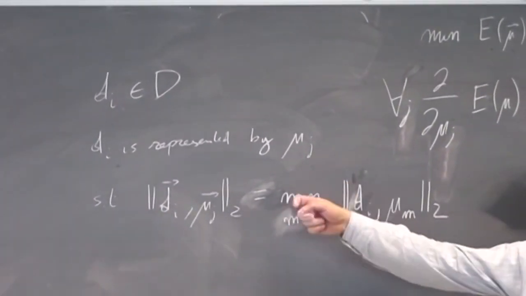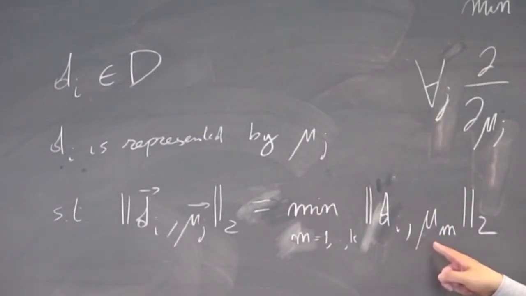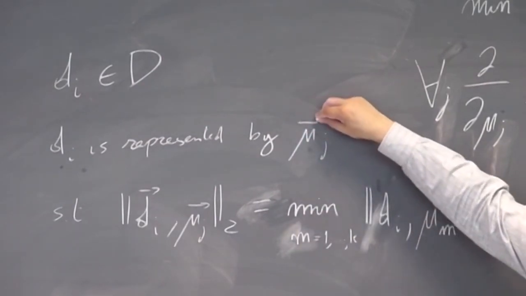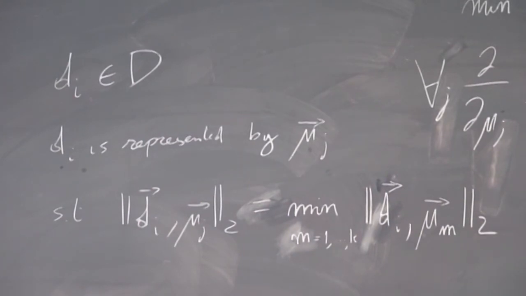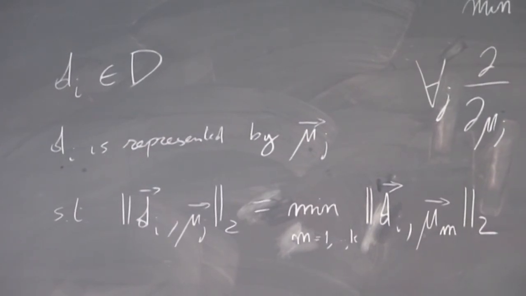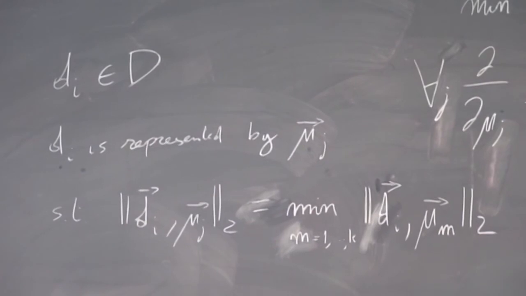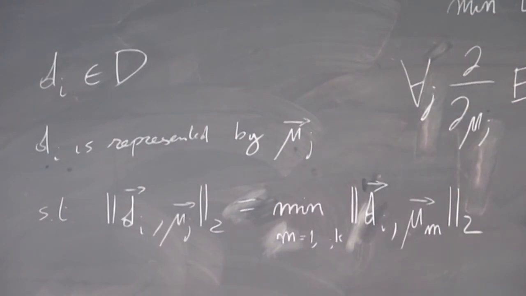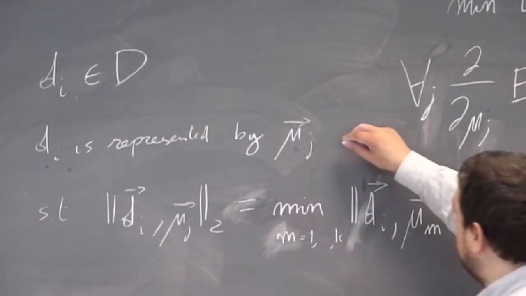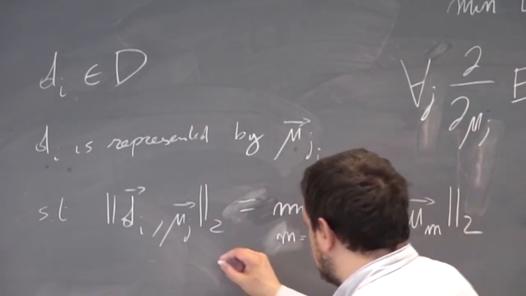Okay, I want to find for every element in my set the vector mu that is closest to the document d_i. I need to make the notation a little more complex.